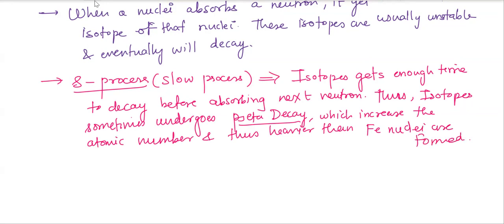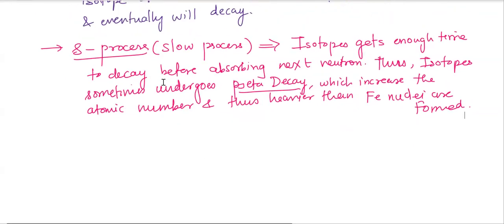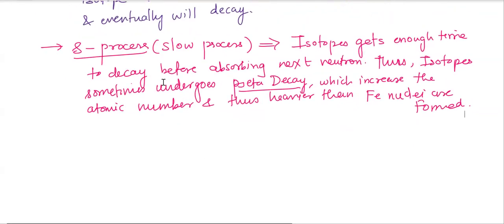Yes. So now this is the S process. The isotope does get enough time to decay before it absorbs, so it continuously undergoes beta decay where the atomic number is increased, thus heavier nuclei are formed.